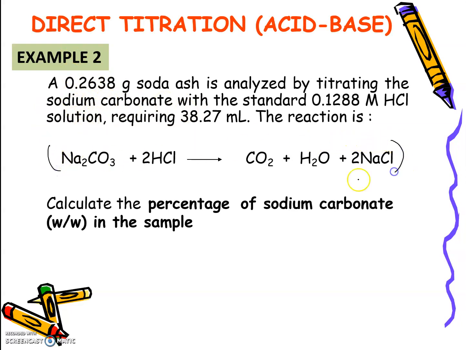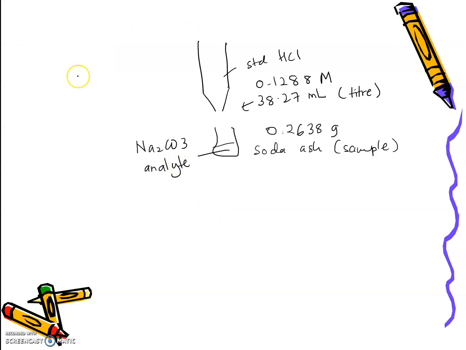Okay, so calculate the percentage of sodium carbonate weight per weight in the sample. So actually this is the formula of percentage weight per weight of sodium carbonate. Okay, so now we want to find the percentage of analyte in sample.